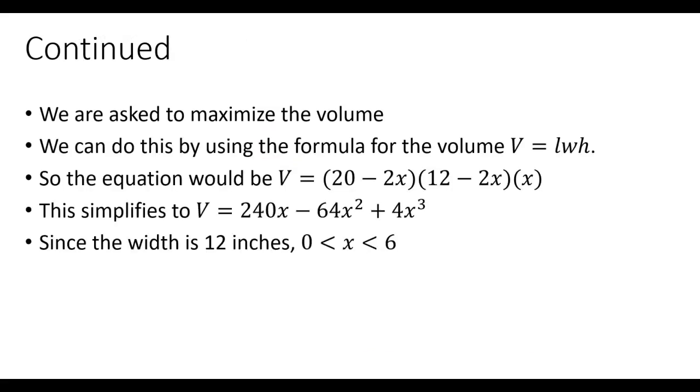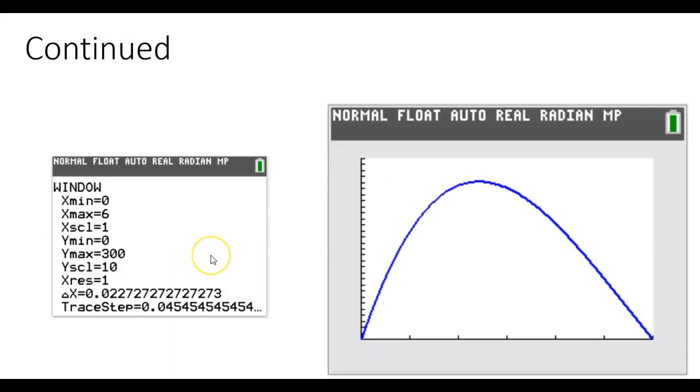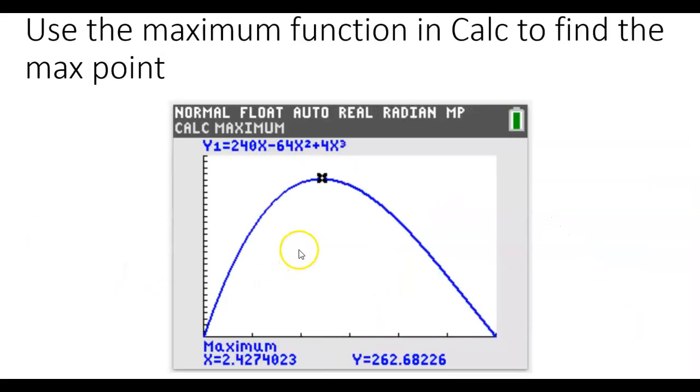Oops, let's go back over here. And this is what the window will look like. So we went up to a y max of 300 to get that in there. And we did the maximum function here in our calculator, and we got this value.